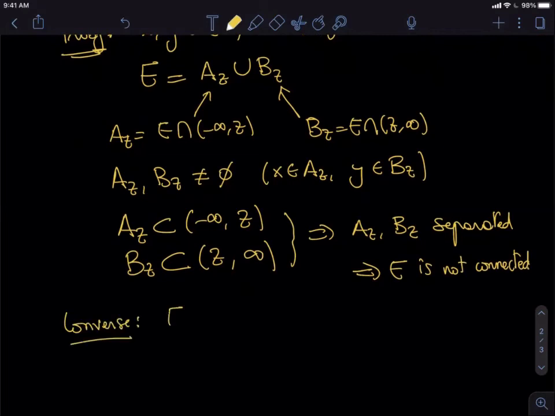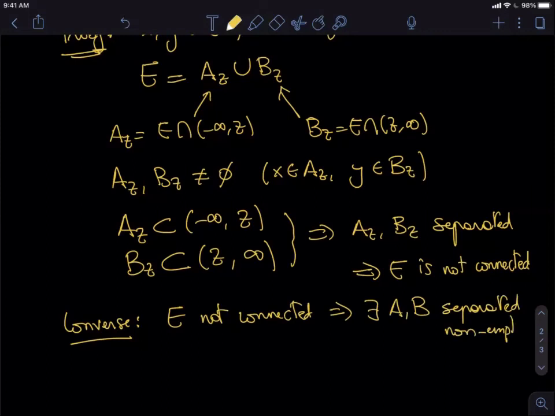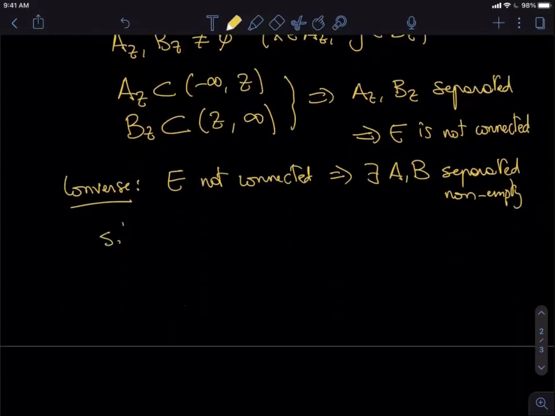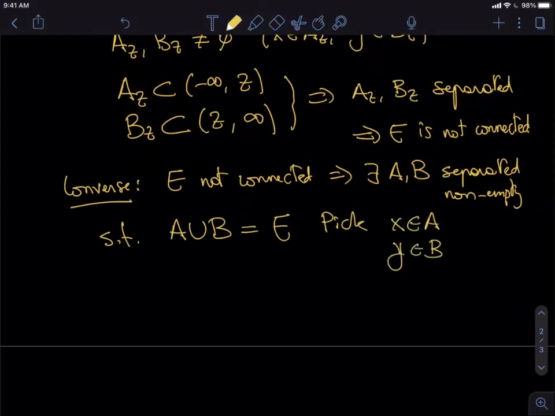To prove the converse, suppose now that E is not connected. If it is not connected, then there exist two sets A and B, separated and non-empty, such that A union B equals E. So now we can pick x in A and y in B. So we have our two pieces, and we are going to pick our x in A, y in B. Well, it may be like this also.